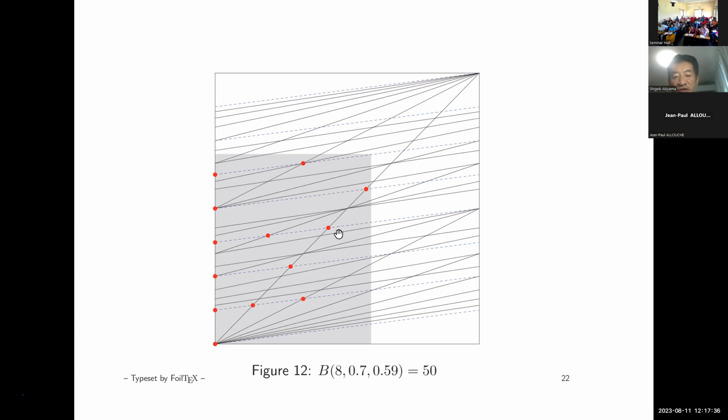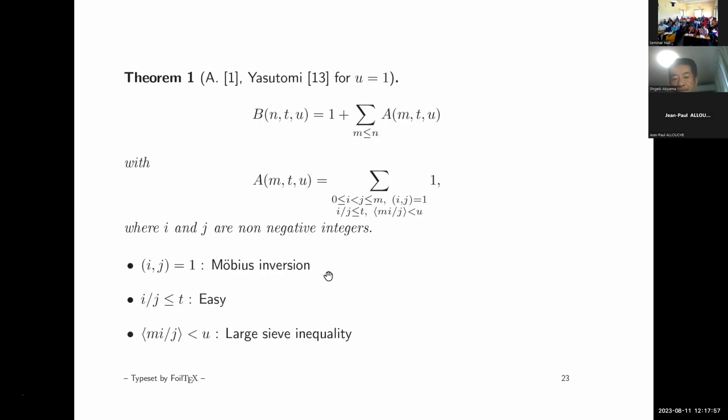How many new intersections exist? This red point is the point caused by drawing the slope 1/8. So we count this red point. This gives us an increase by adding this slope 1/8. This increase is computed by this A. This is a definition, slightly complicated, but this is what we compute.